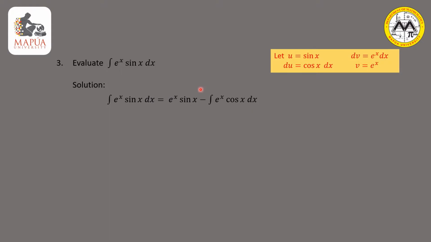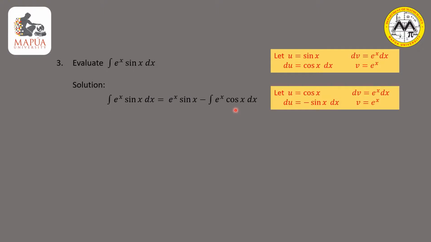Now, at this point, please take note that this particular integral is of the same nature as the original, and therefore, this is also evaluated using integration by parts. So, in this particular example, we are applying integration by parts the second time, and on this basis, our assignment for u will be cosine of x, and dv is e to the x dx.